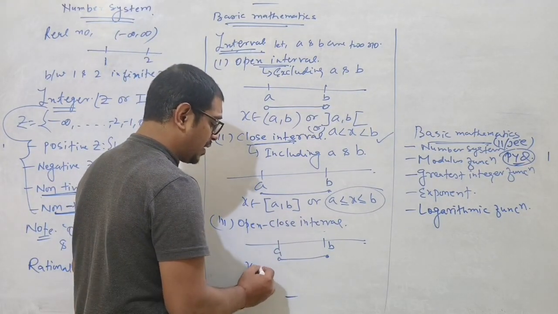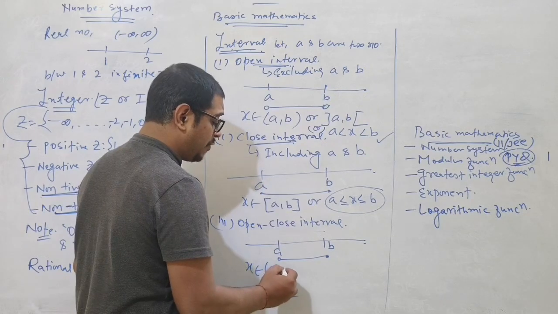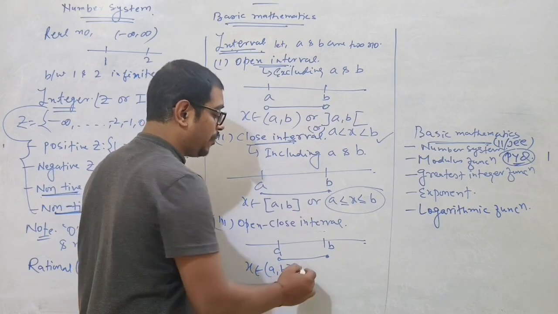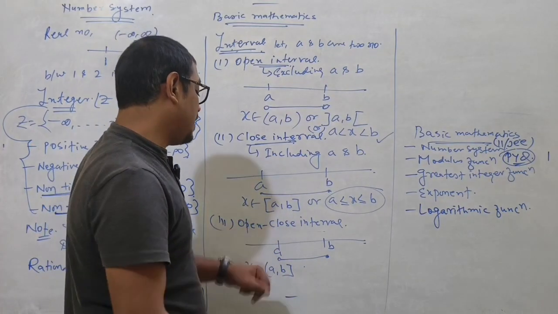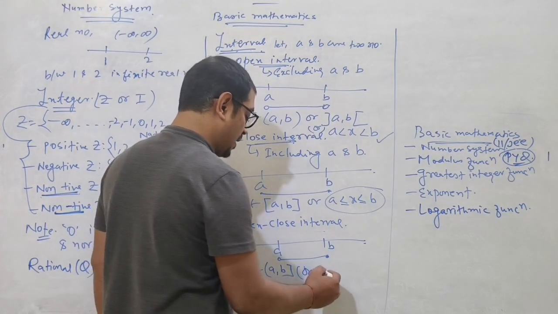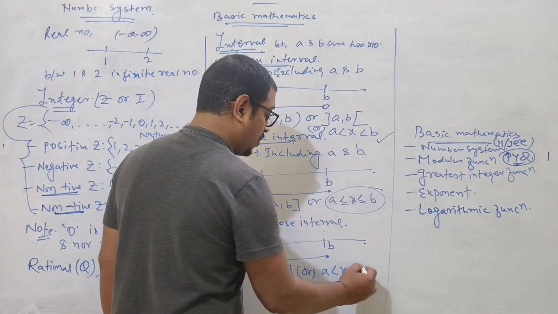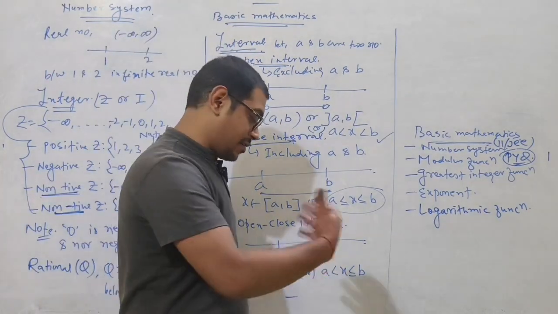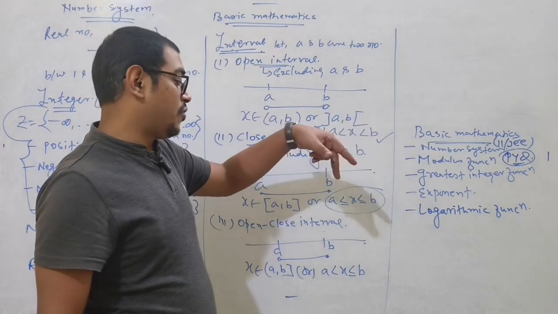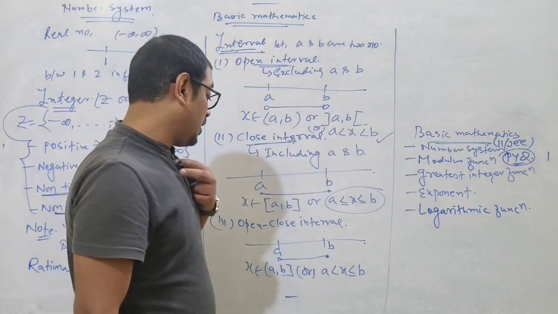So here you can write x belongs to open a, closed b. This is open closed, and the second is closed open. You can just reverse this, the opposite of that.